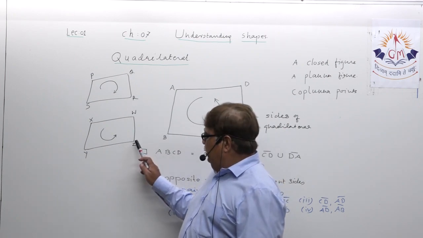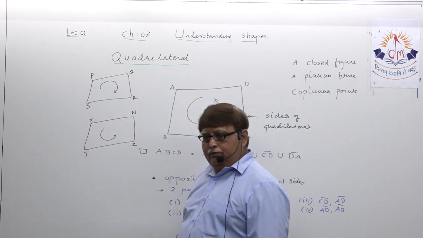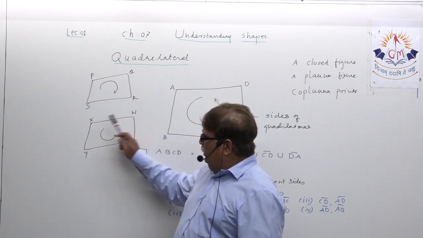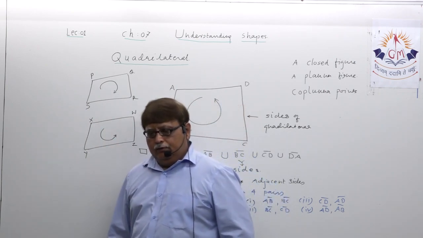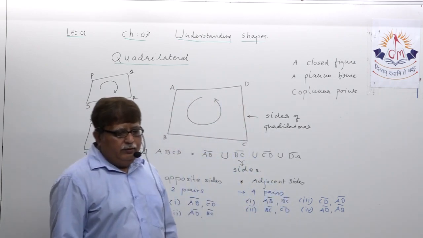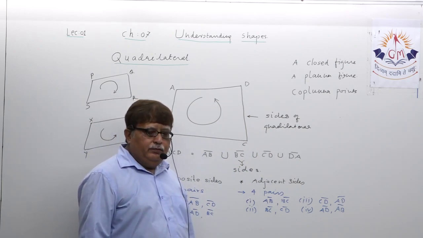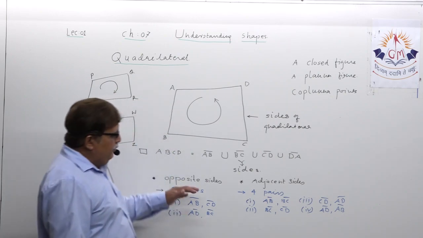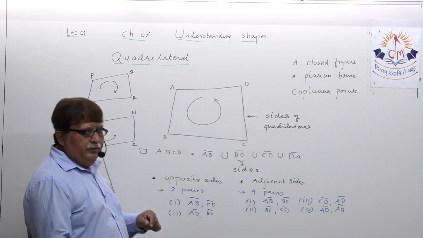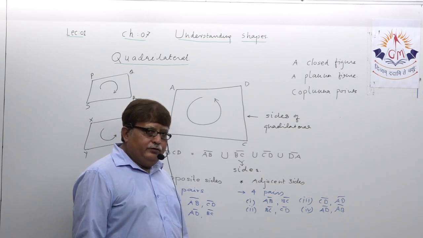Third pair, ZW and WX. Fourth pair, WX and XY. Understood? So a quadrilateral has actually how many pairs of adjacent sides? Four pairs. This is something regarding sides.